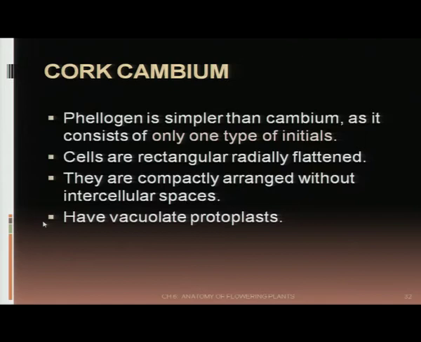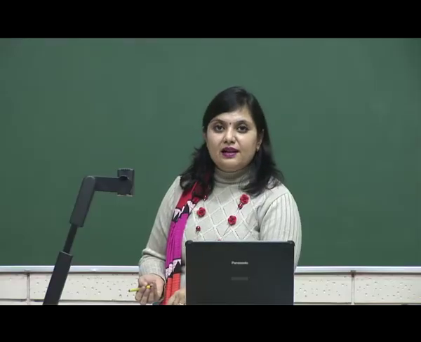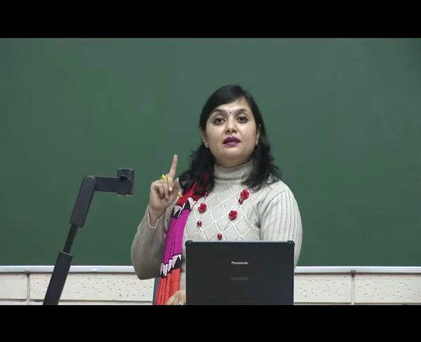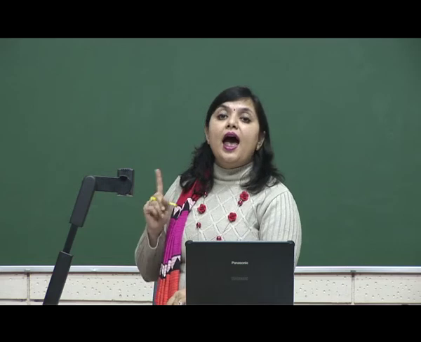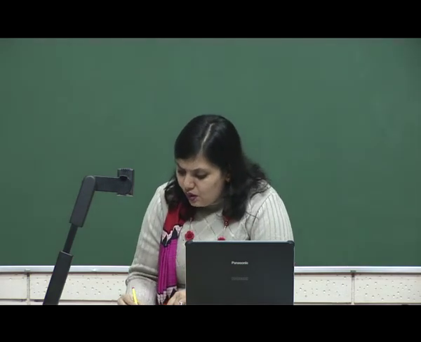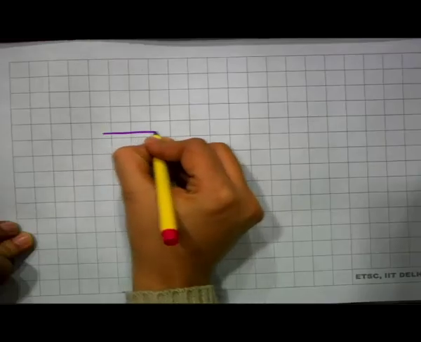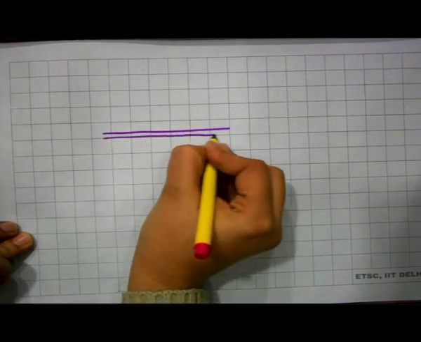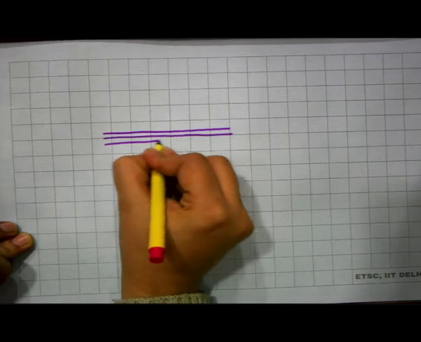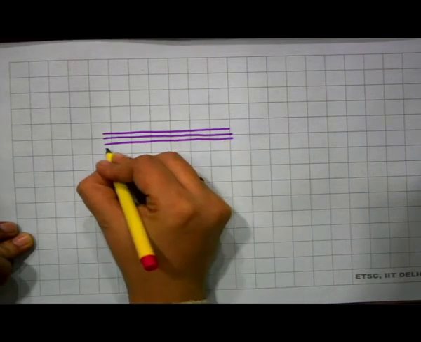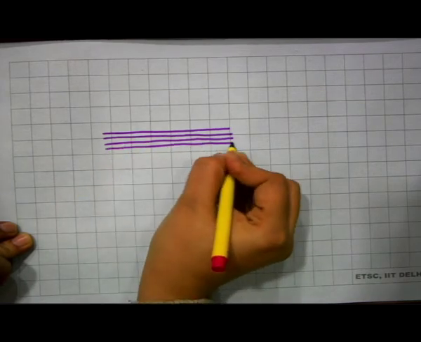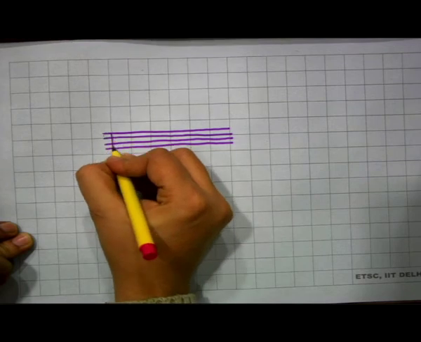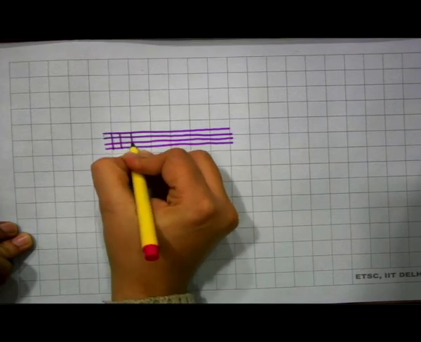So, again let us try to draw this phellogen. Whenever we draw any kind of cambial cells, we will remember that the cells will be rectangular and flattened. So, when I am drawing the cambial cells, I will draw straight lines. A few layers, suppose I want to draw, and then I will make these cells rectangular.